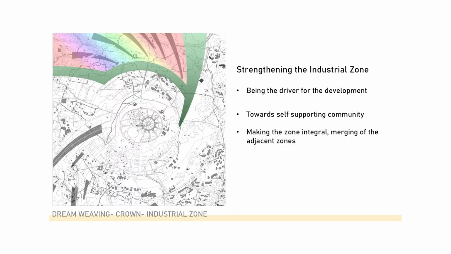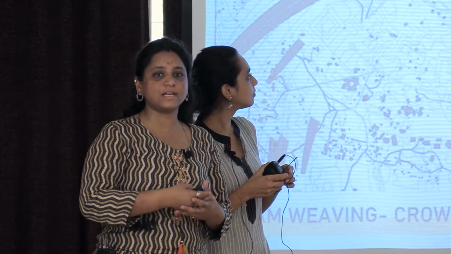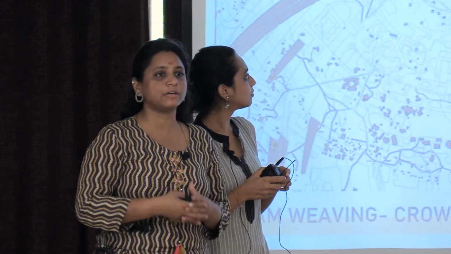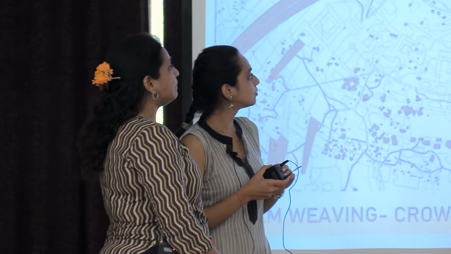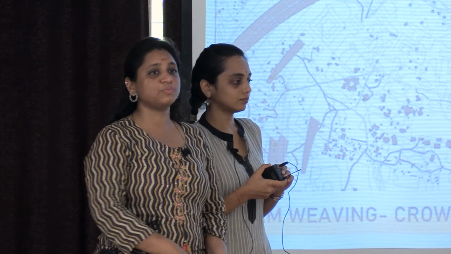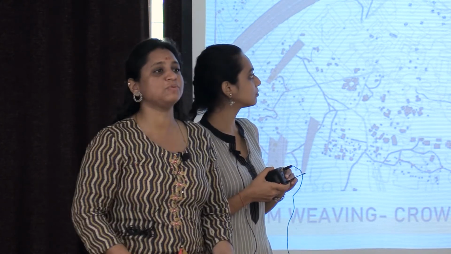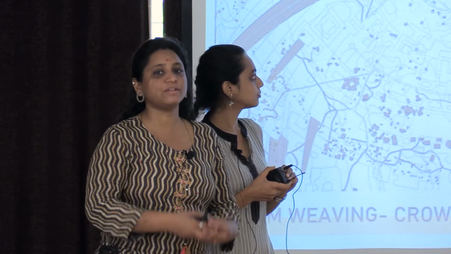As we already mentioned last time, we would be focusing on the industrial zones. Over this exercise we tried to strengthen the industrial zone, which is the north of our plan, by making it the driver for the development. While moving towards a self-supporting community, the industrial zone could become that driver.